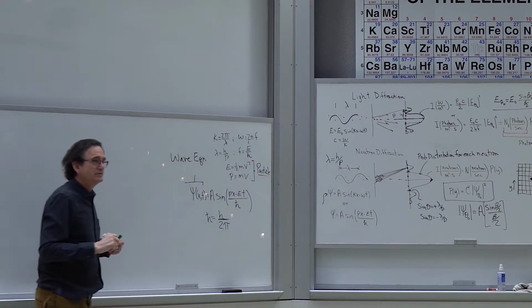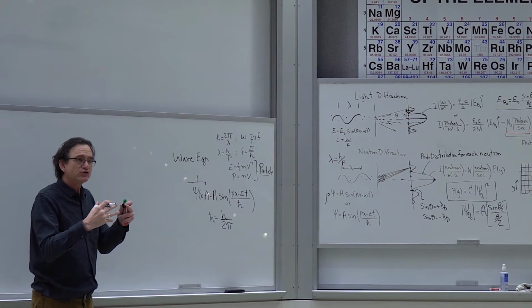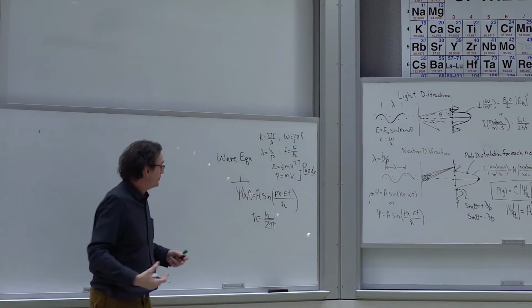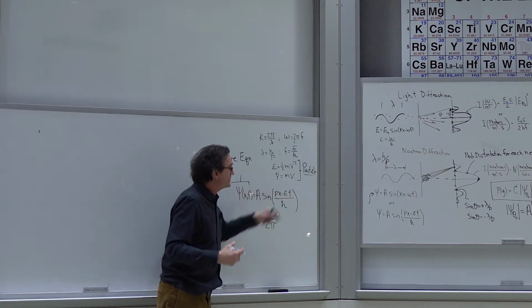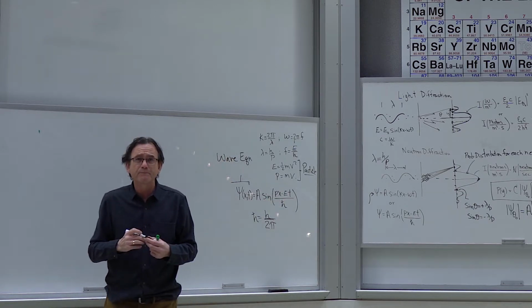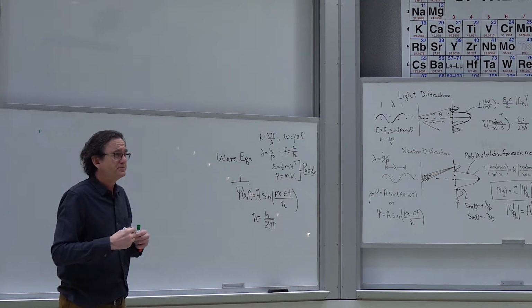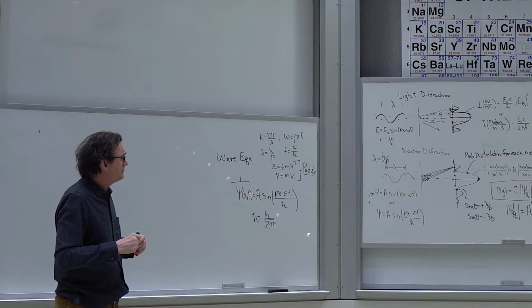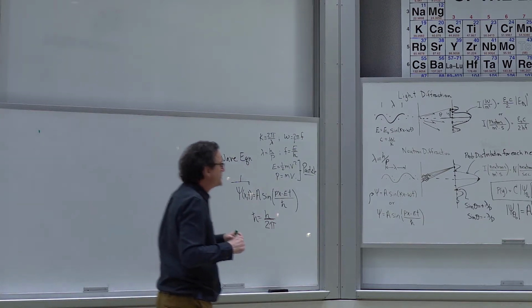Okay? So I have a wave equation that describes the motion of the wave that's moving with the particle in terms of its momentum and its energy. Something we'll come back to in a second.